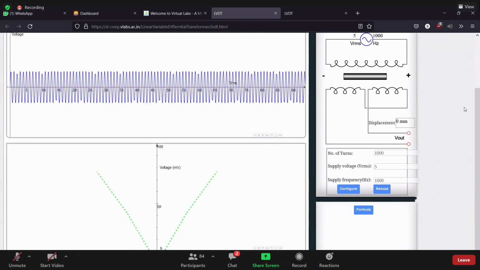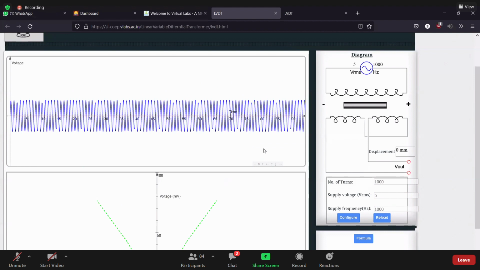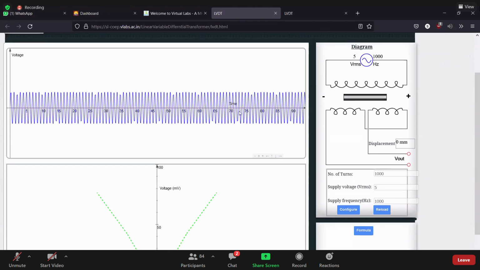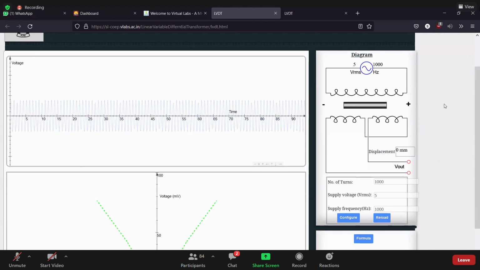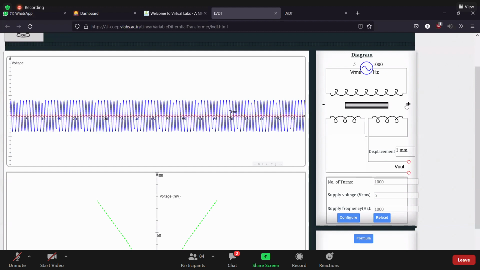Move armature, move core to the right, sir.